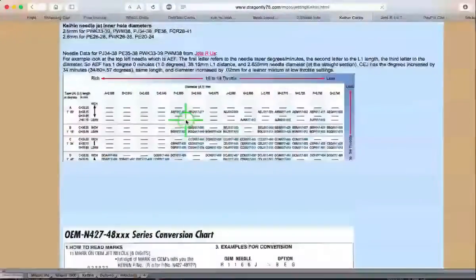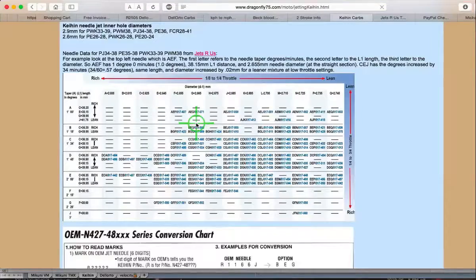On the Keihin page, these charts right here. So it has 3 letters. The first letter is this section right here, which is the taper degrees and minutes. The second is the L1 length, which is right here.